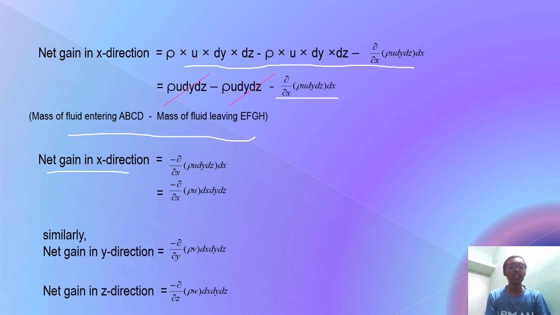Similarly, the net gain in y direction is minus del by del y of rho v dx dy dz, and in the z direction it is minus del by del z of rho w dx dy dz.